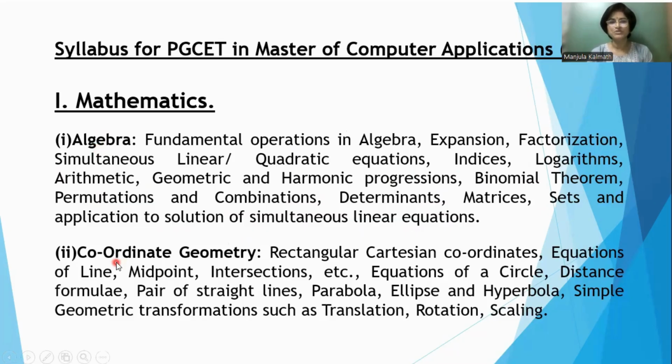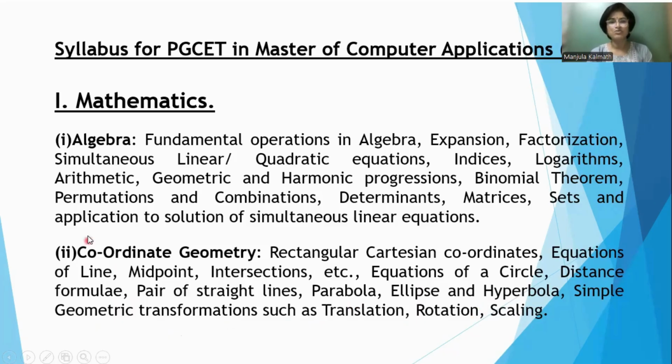Then next comes coordinate geometry: rectangular Cartesian coordinates, equations of a line, midpoint, intersections, etc. Equations of a circle, distance formulae, pair of straight lines, parabola, ellipse, and hyperbola. Simple geometric transformations such as translation, rotation, and scaling.